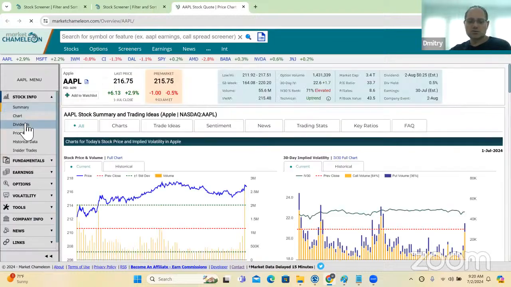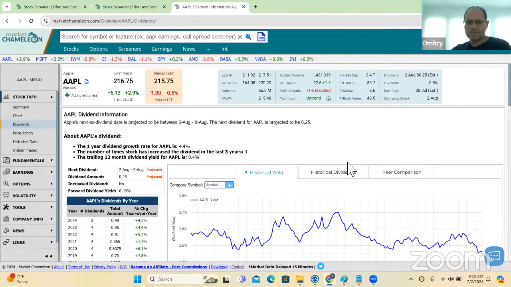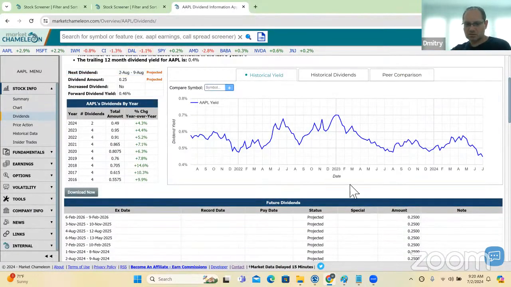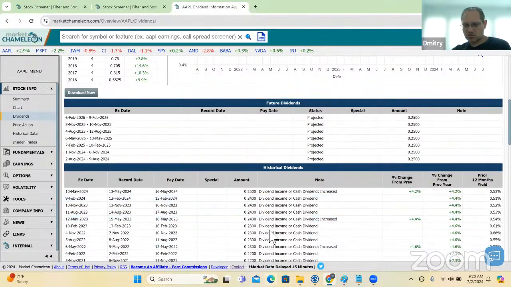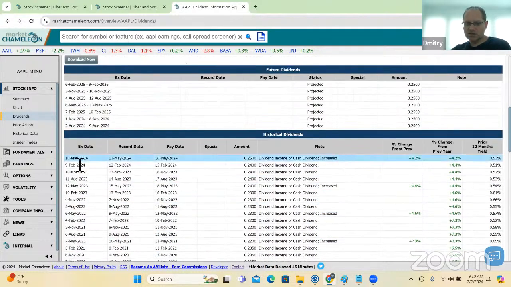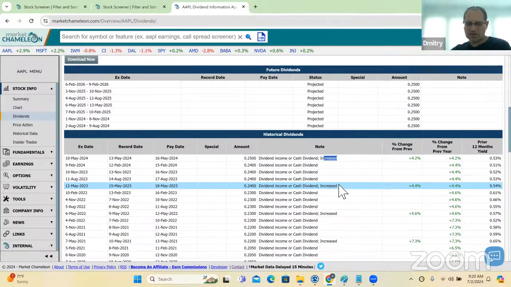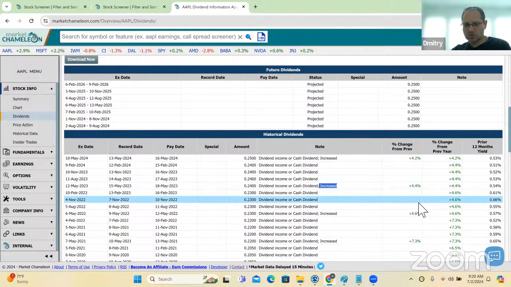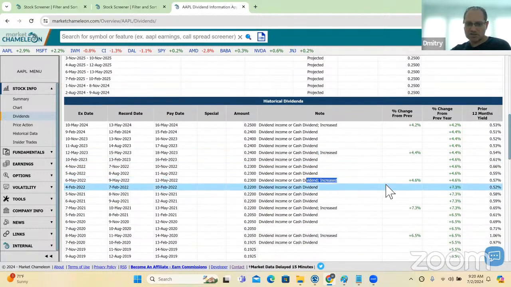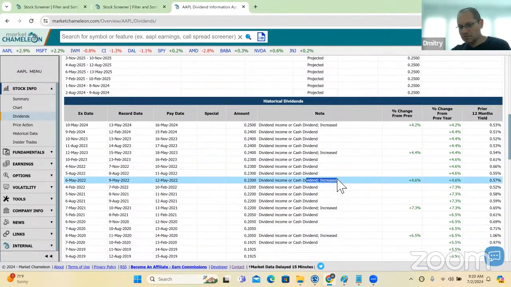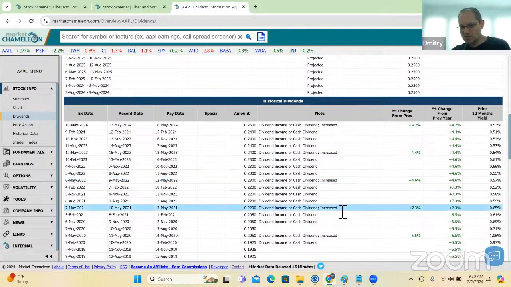So let's go to Apple's dividend here. Here's the granular data. You could see here, increased May 10th, 2024, increased May 12th, 2023, increased May 6th. So it looks like around May is when they tend to increase the dividend. It looks like they've been doing it once a year.